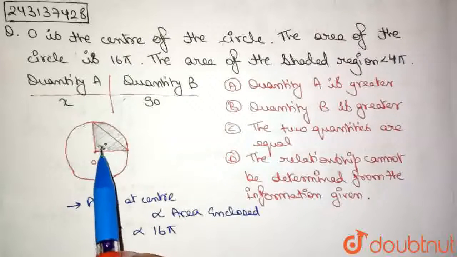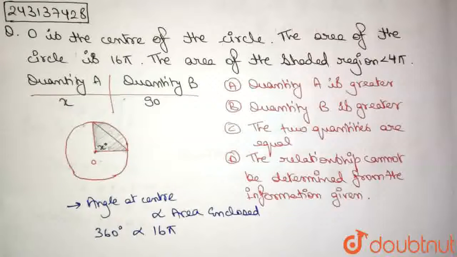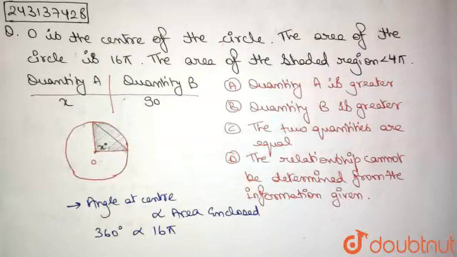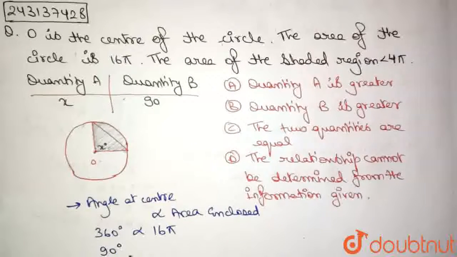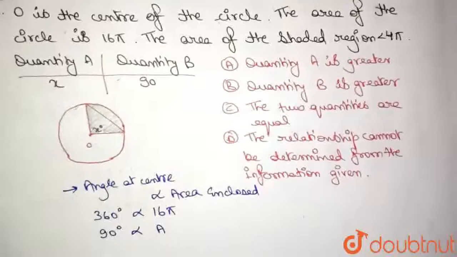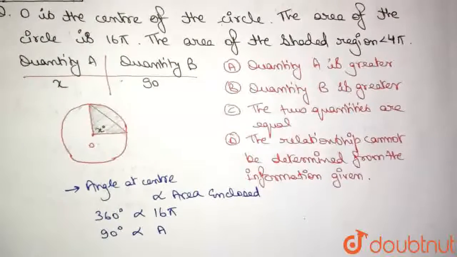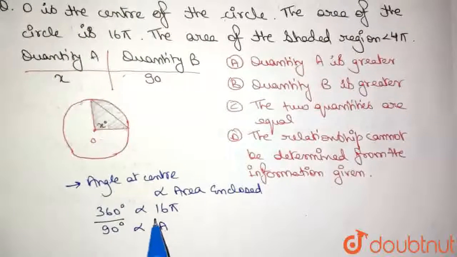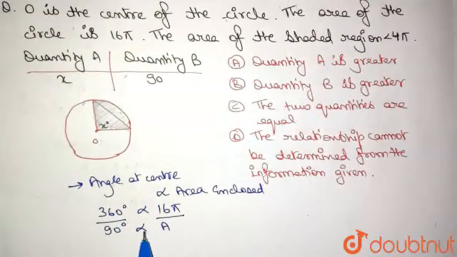In the second case, where we have x degrees, and we have the quantity B as 90 degrees. So I can say that for 90 degrees, the proportional area is going to be somewhat a, right? Now, if I divide both the equations, this proportionality sign is going to become an equals sign, because there has to be some constant k which is going to be cancelled out.